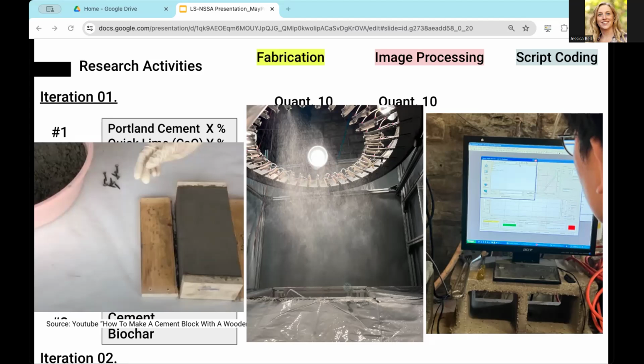And then image processing to process the images of the degradation. You'll also be exposed to script writing and coding, both of which pertain to computer science skills. I know that a few of you have a computer science background. So you'll be exposed to a whole range of skills if you come to this project.